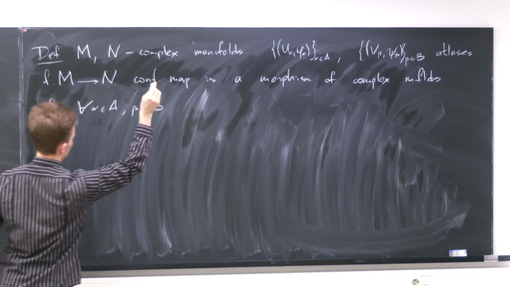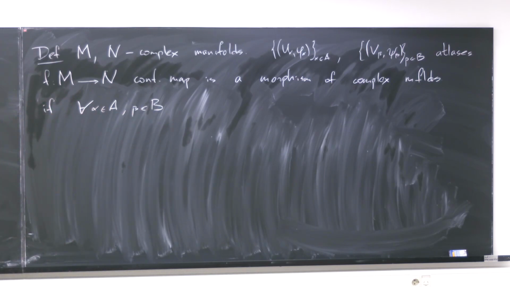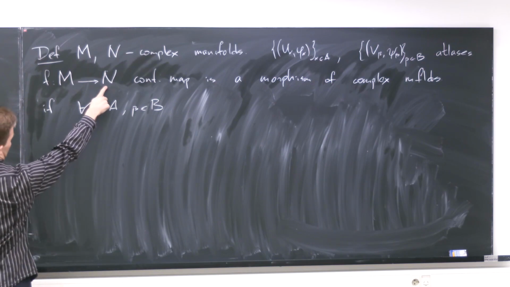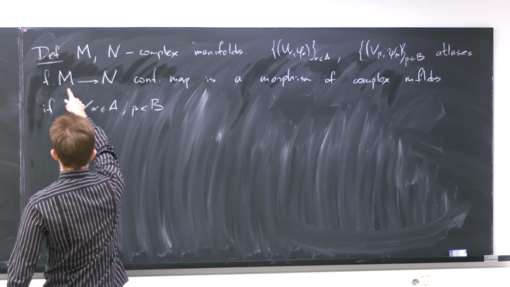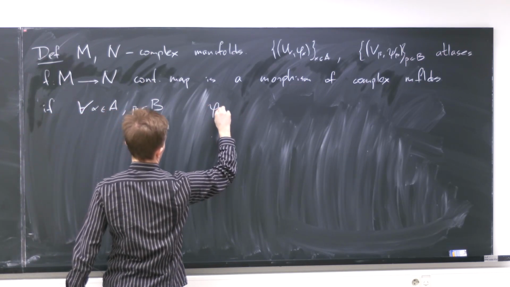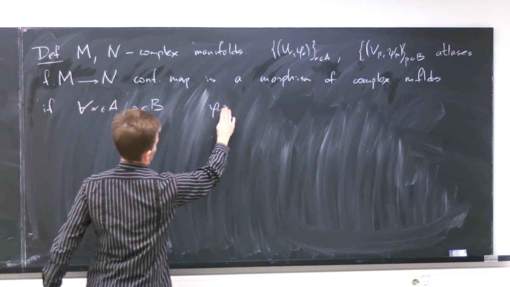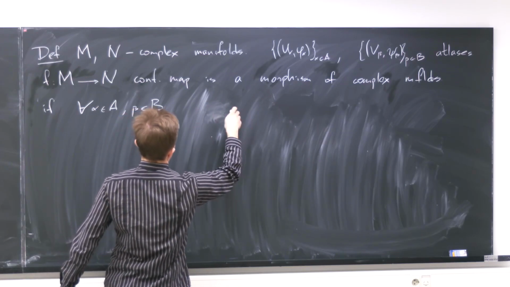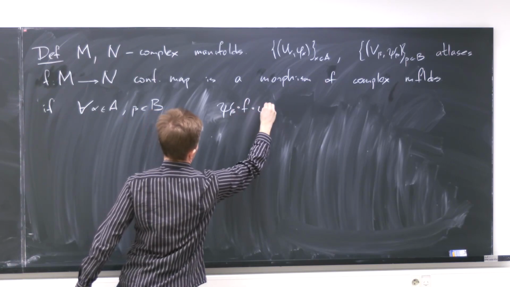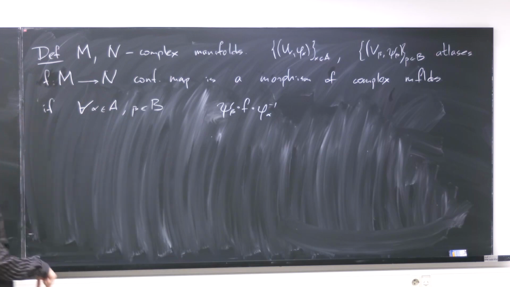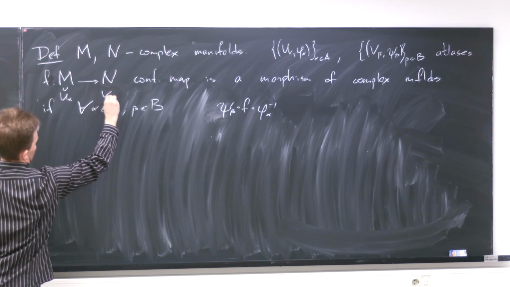So I take two charts, U alpha in M and V beta in N. Then I should consider the following composition: psi beta composed with f and composed with phi alpha inverse, right? So U alpha is here and V beta is here.